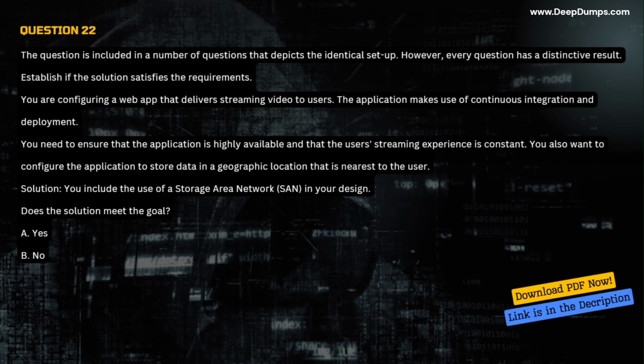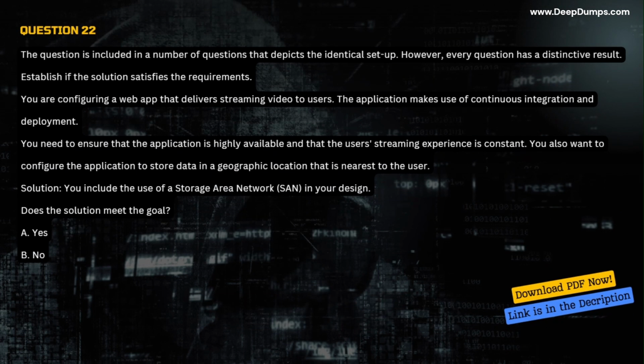Question 22. The question is included in a number of questions that depict the identical setup. However, every question has a distinctive result. Establish if the solution satisfies the requirements. You are configuring a web app that delivers streaming video to users. The application makes use of continuous integration and deployment. You need to ensure that the application is highly available and that the user's streaming experience is constant.